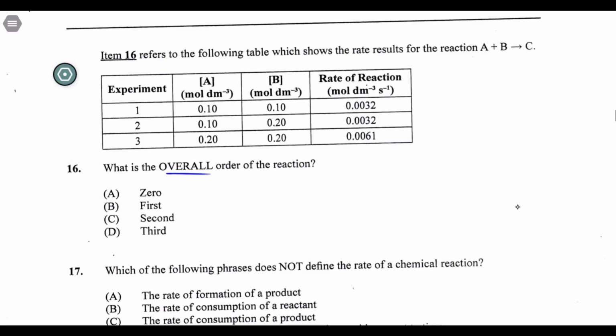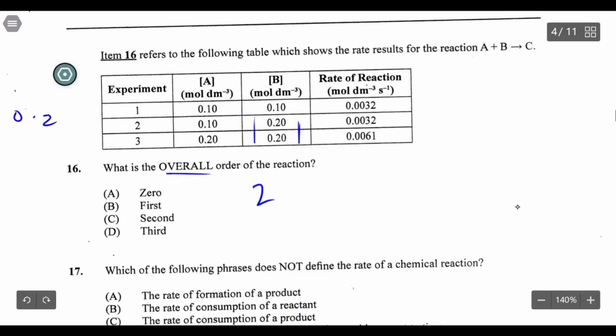Now, looking at A, you want to look at B and find out where the concentration is constant, right? So here, 0.2 to 0.2. So now, when you look at 0.1 to 0.2, you want to find out by what factor the rate increases or decreases. In this case, the rate is increasing by 2, so it doubles. If you're not sure how to get this, divide the second number by the first number. So 0.2 over 0.1, and you would get 2.